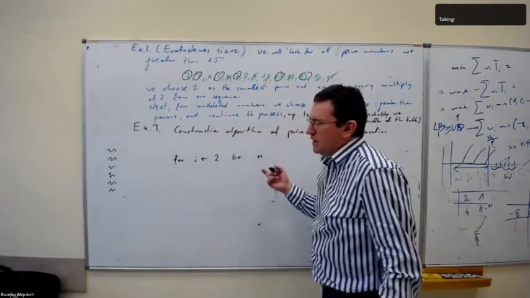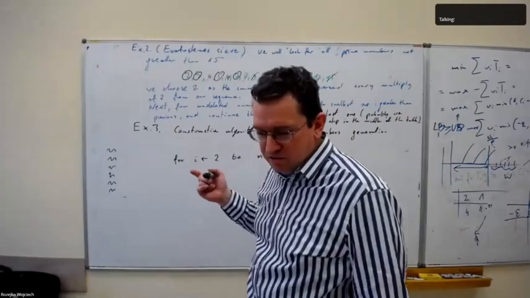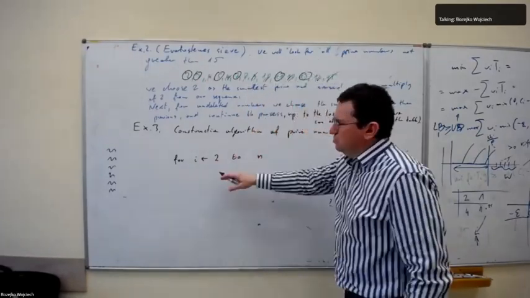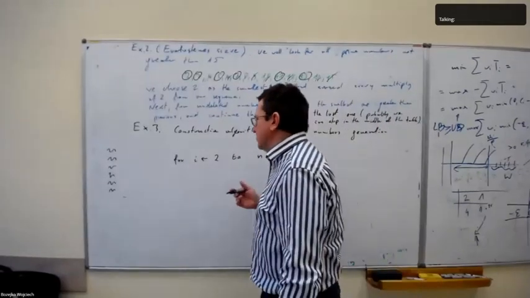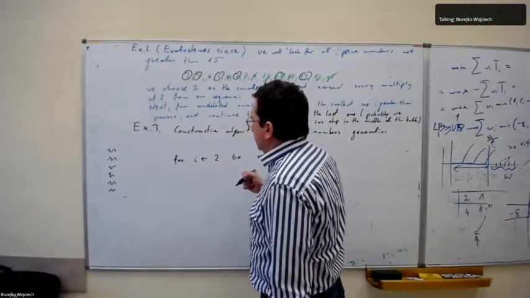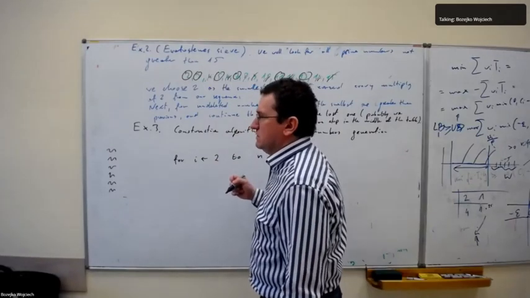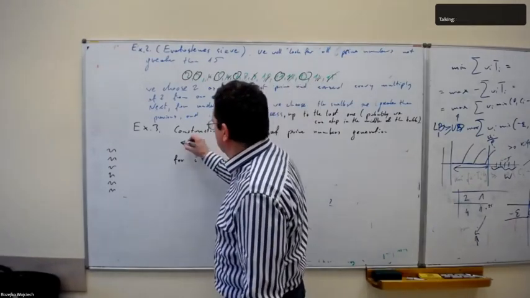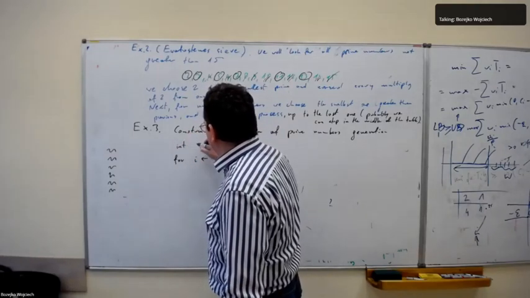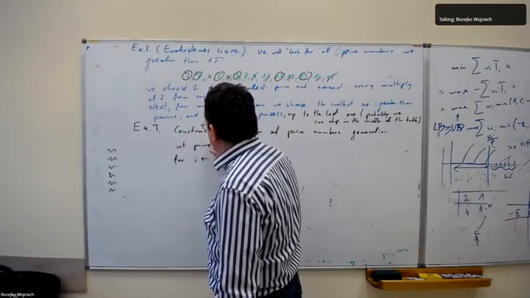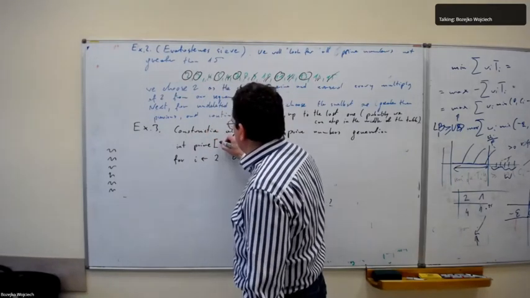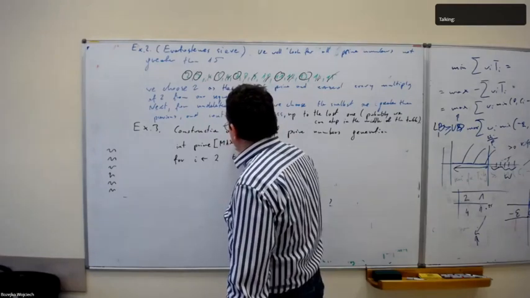Of course, we can make it also as an infinite loop, but let us make it finite. If we use while here, it will be an infinite loop. This will be a kind of candidate, and also we need a table of primes, int primes, a table of size max size.